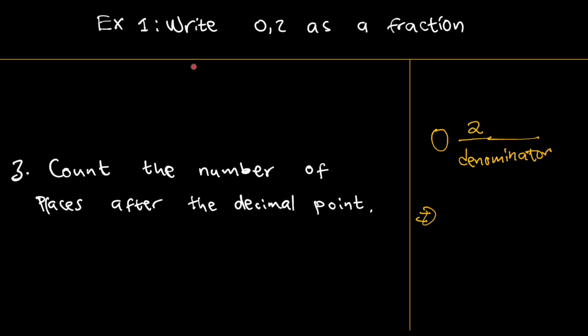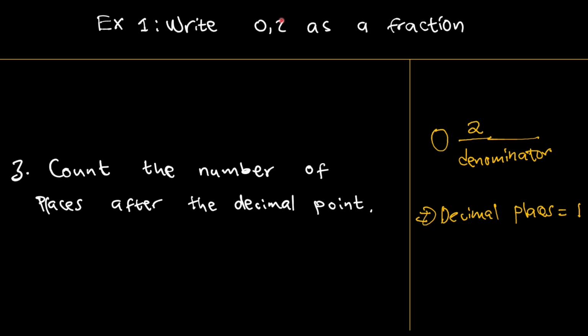On this slide, we need to count the number of places after the decimal point. How many decimal places do we have after a comma or a decimal point? We only have 1. So I'm going to write decimal places: we only have 1, after a comma.